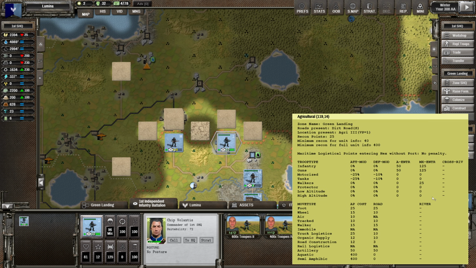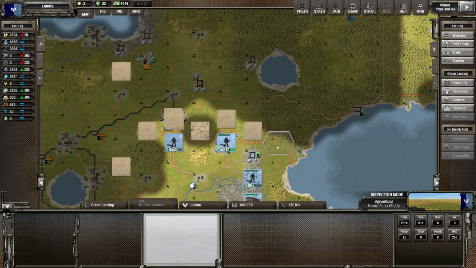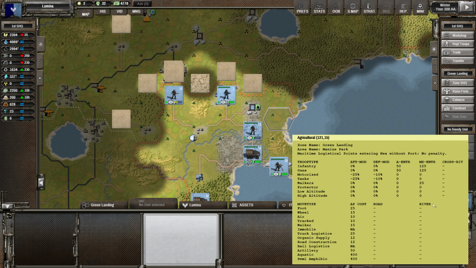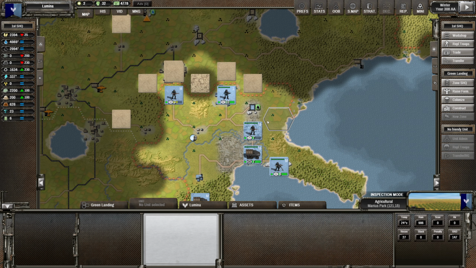Troop type. This is the attack modifiers, movement penalties, and that kind of thing for each of the troops. So you'll see on this agricultural hex, there's basically no attack modifiers for infantry or guns, but motorized and tanks get a minus 25% penalty. That's because you've got like bocage. Do you know what that is?